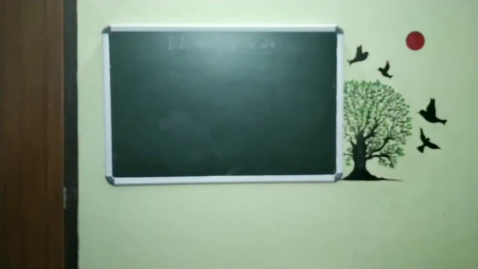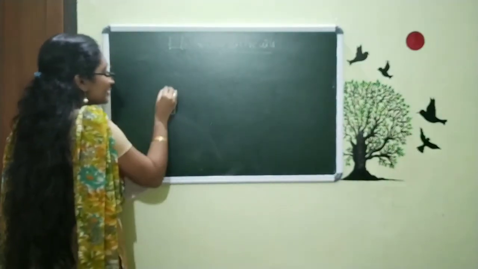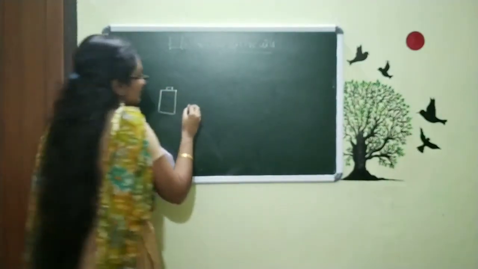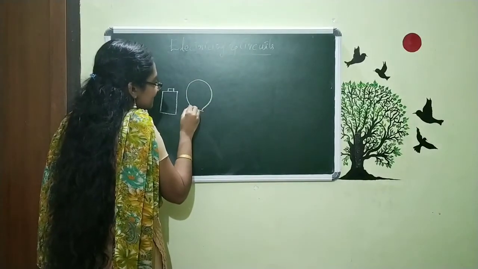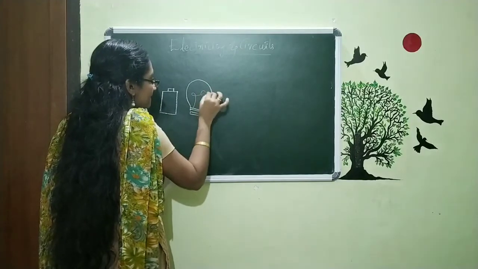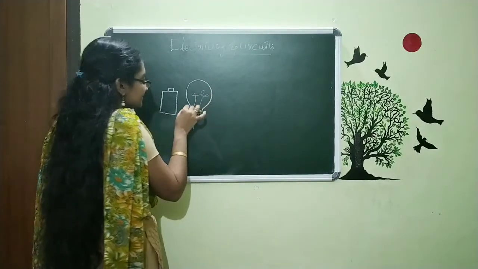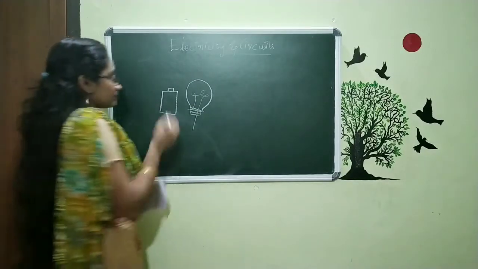Now I am going to draw some circuits. Here we have the cell. The bulb is here. Metallic cap is there. Our filament is there. And now I am going to connect this.